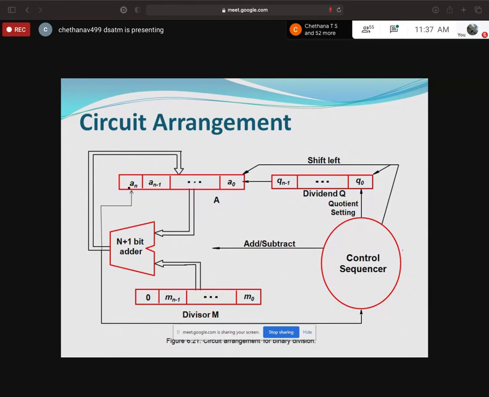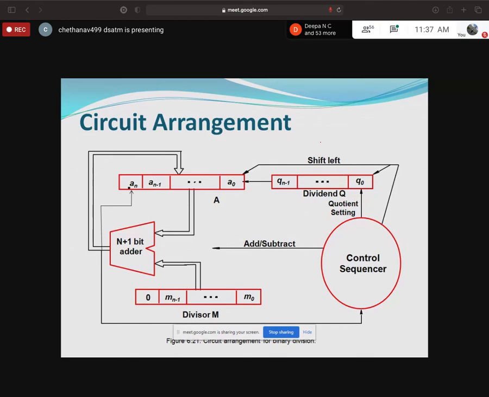We are going to use a circuit arrangement. We have to use registers to do the operation inside the ALU, and for that purpose we are provided with this circuit arrangement.